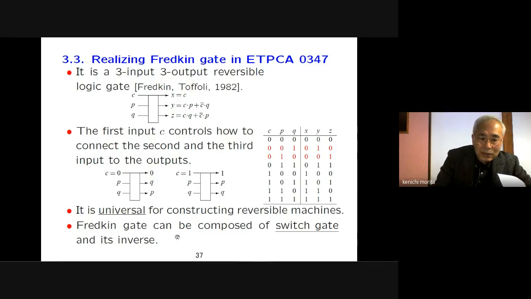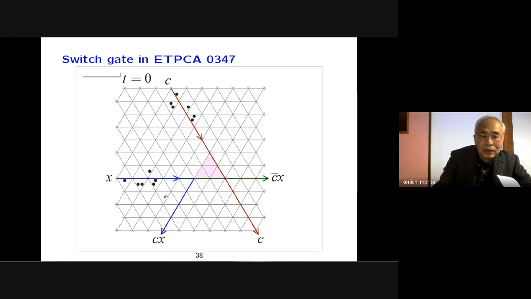And Fredkin gate can be composed of switch gate and its inverse. Switch gate is a 2-input and 3-output logic gate. And this can be implemented in ETPCA 0347 like this. 2 signals, C, control signal, and other signal, X, come from here and here.